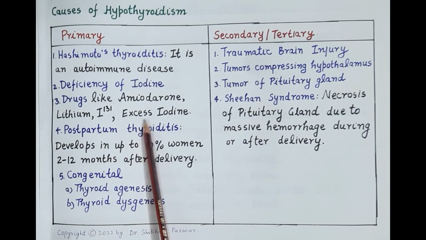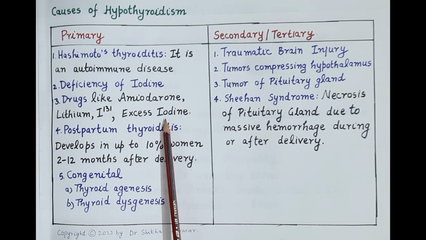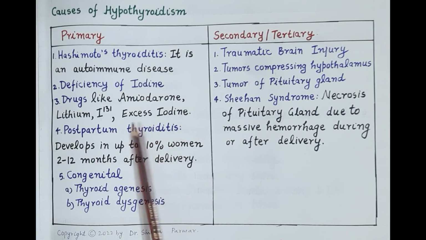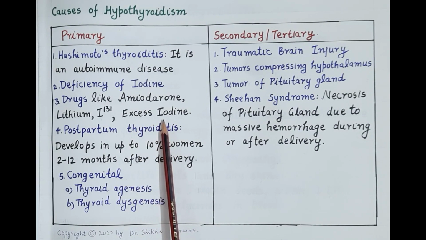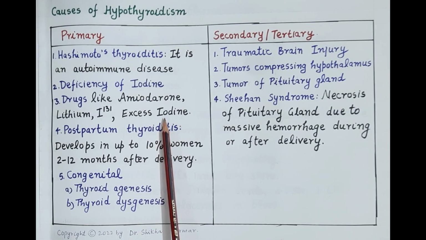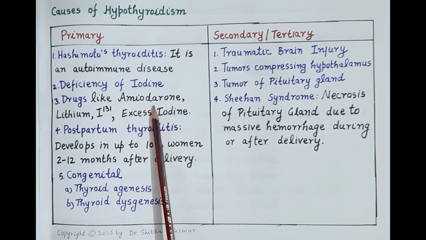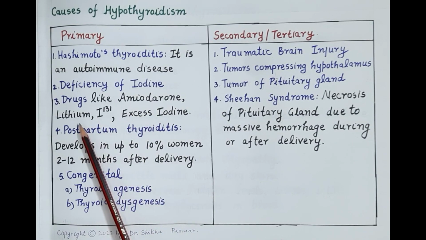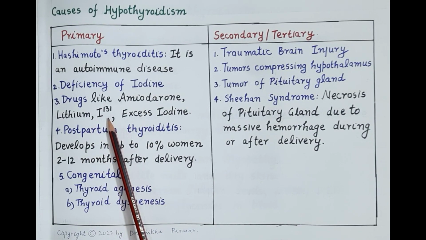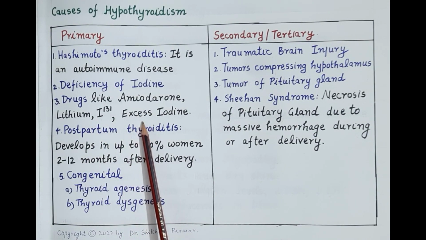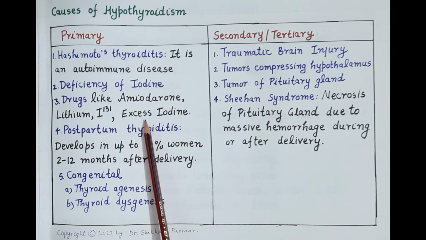Now, even though iodine is required for the synthesis of T3 and T4, excess iodine inhibits the synthesis of T3 and T4. So, the drugs like amiodarone, lithium, then radioactive iodine, excessive iodine can cause hypothyroidism.